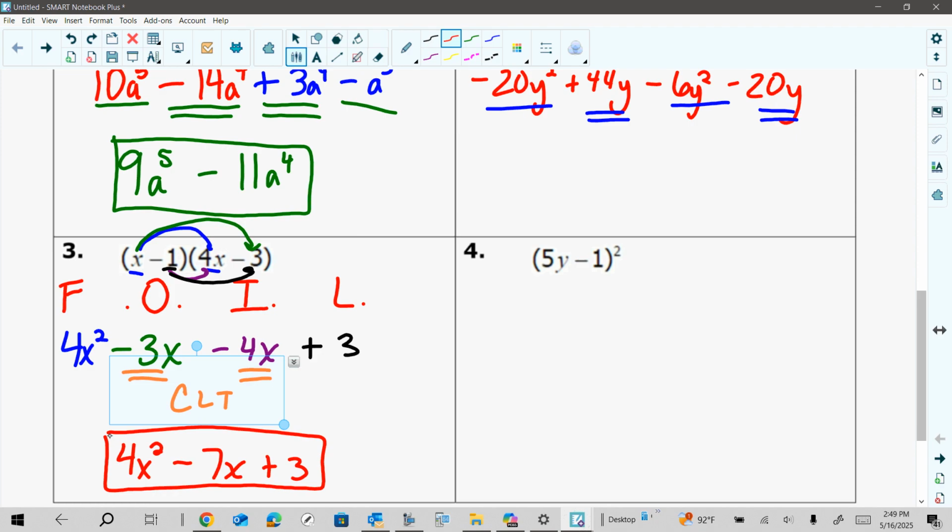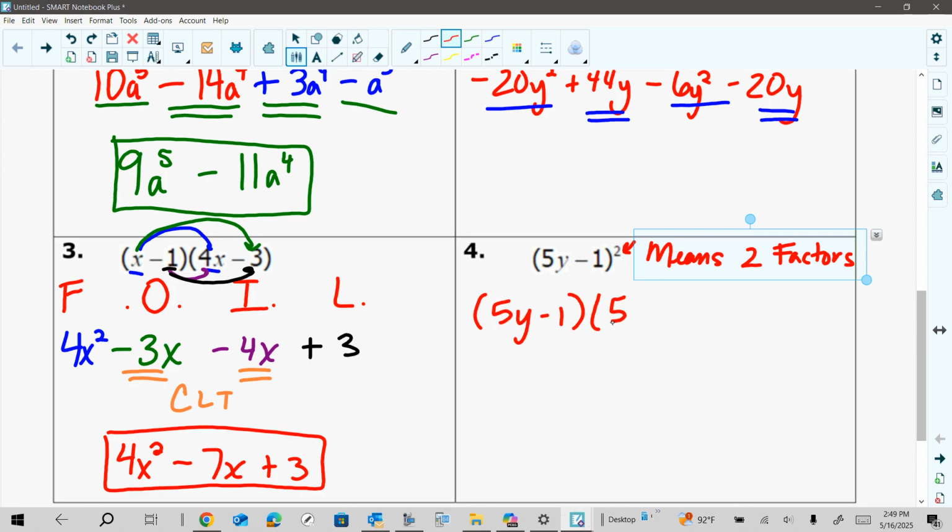Now, number 4, you will need to use the FOIL method as well. You just have to remember this exponent 2 means you have 2 factors of the binomial. So this is written as 5y minus 1 in parentheses and another 5y minus 1.